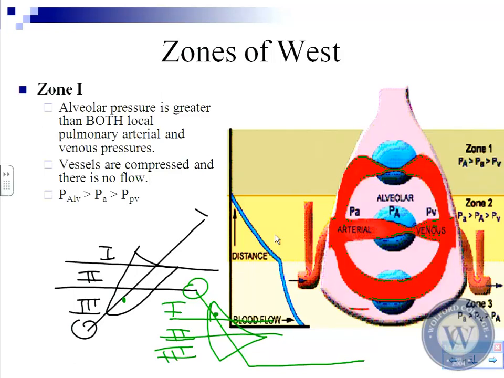So let me give you a test question, okay? I'll give you an example. Let's say I take a patient and I begin to hemorrhage them. Okay, what happens to my zone 3 of the lung? Does it get greater, or does it become less? Less. Because as I bleed the person, there's less and less volume of blood going into the lung.